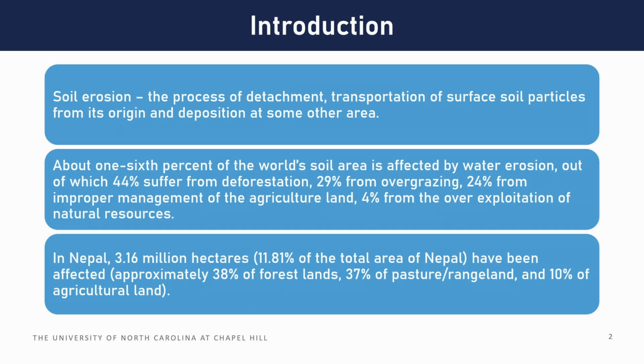So, what is soil erosion? It is the process of detachment, transportation, and deposition of surface soil particles from one place to the other. It is primarily caused by wind and water, with water being the dominant factor in most of the landscapes.